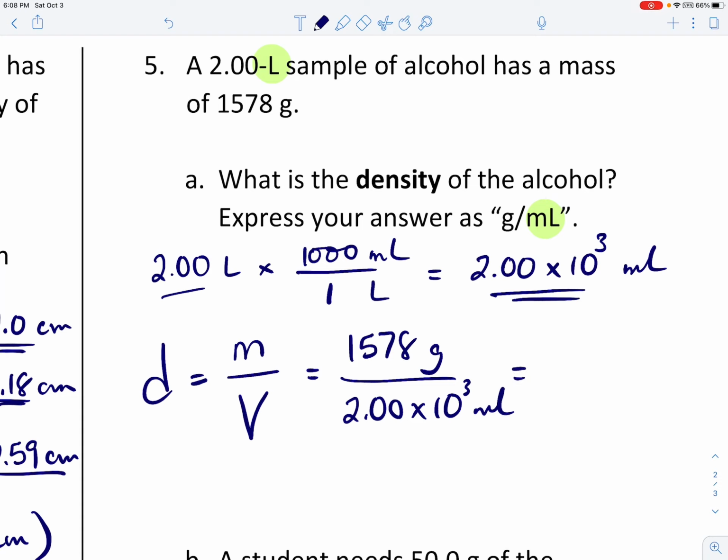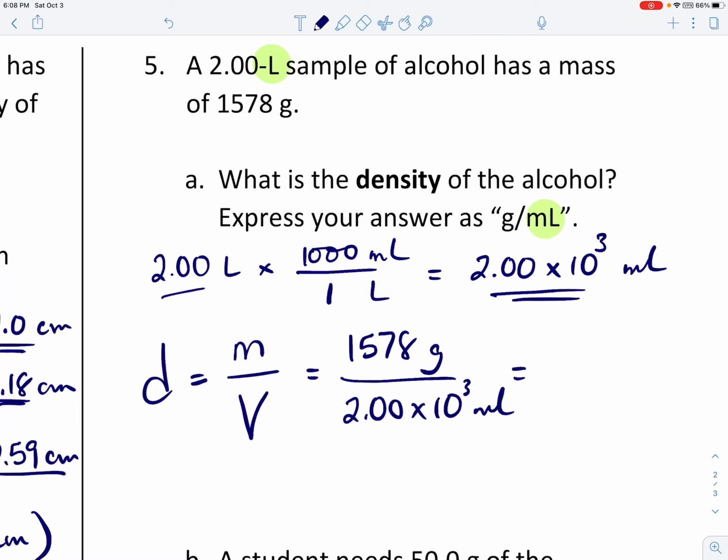Now on your calculator, if you know how to enter scientific notation, I hope you do, you can go ahead and use that. Or if you find it easier, 2 times 10 to the 3 is 2,000, so you could just divide by 2,000 on the calculator. 1578 divided by 2,000, we get an answer with how many digits can we keep?